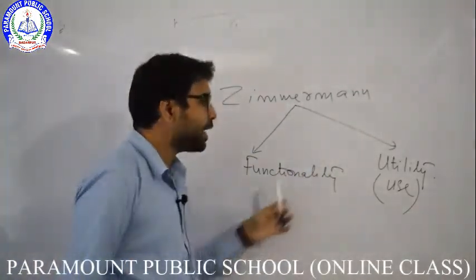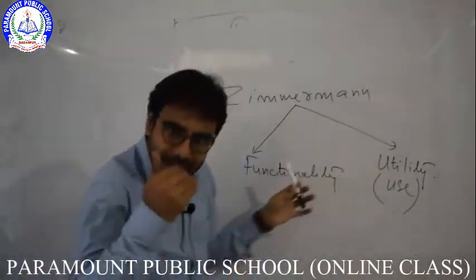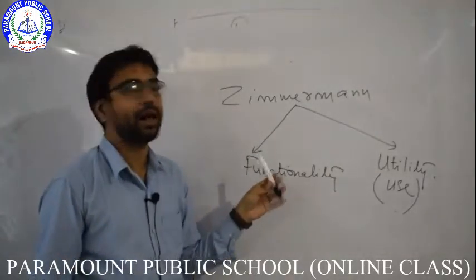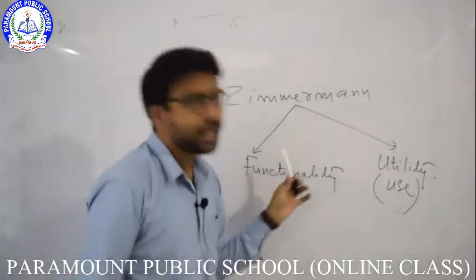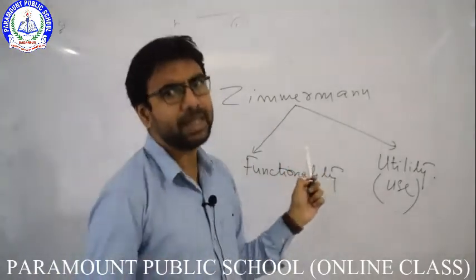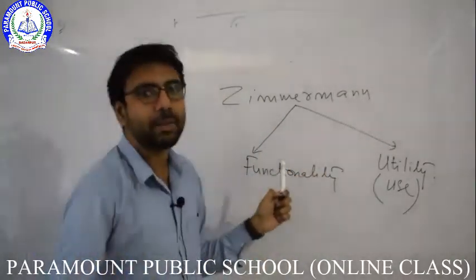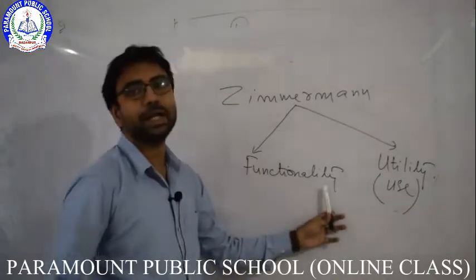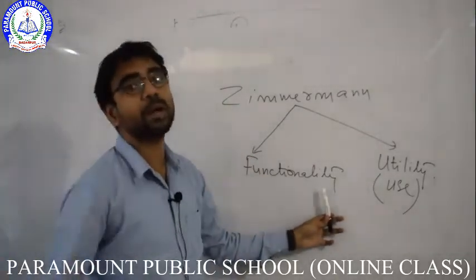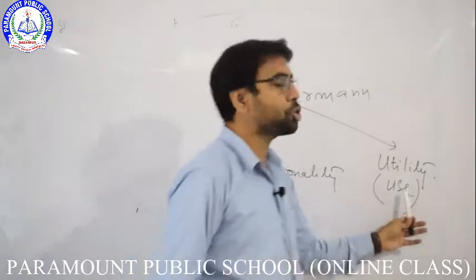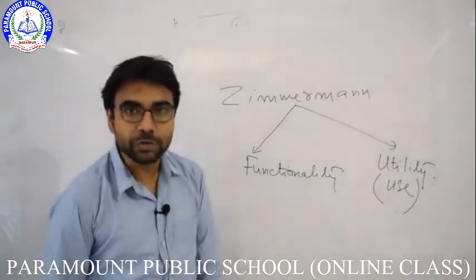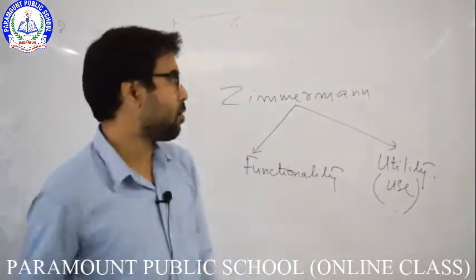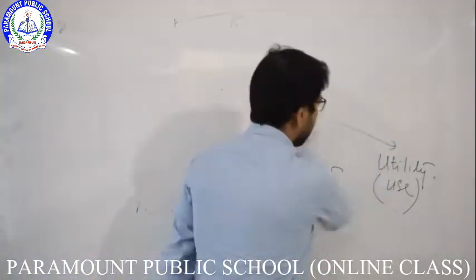One is functionality and the other is utility. Then also explain in one line. It means that for anything to become a resource, it should have functionality, it should work, and it should fulfill human needs. It should be useful. All right. So these are the qualities of a resource.